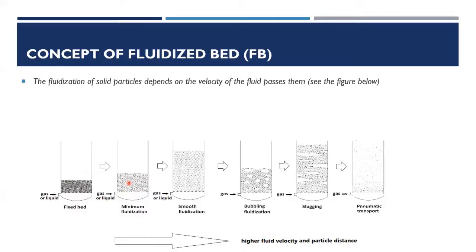The first time the packing material starts to fluidize, starts to move and expand, we call it the minimum fluidization. And then when we make the gas or liquid move at a faster velocity, it will start to expand more.